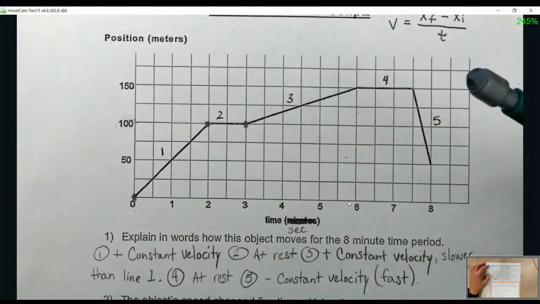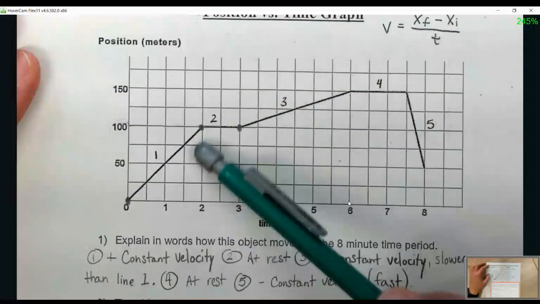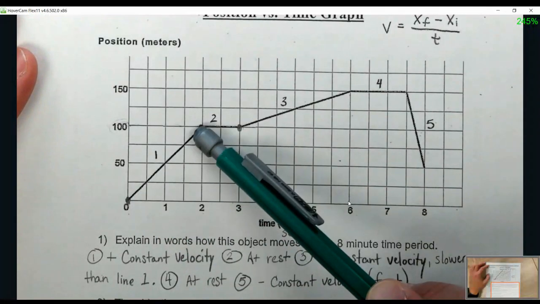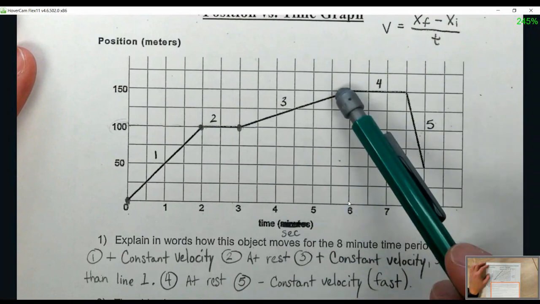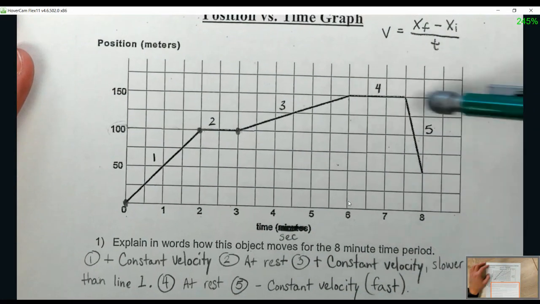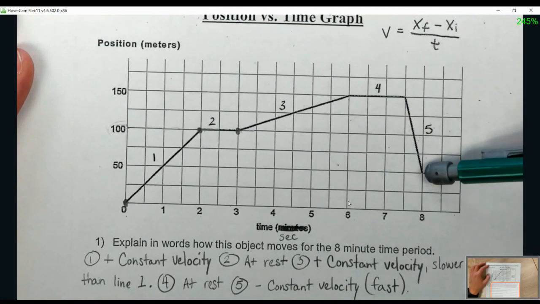So you're not moving any farther forward to the right. Like here, you're moving to the right 100 meters in 2 seconds. Now I'm not moving, I'm just sitting. I'm moving a certain distance to the right, not moving, and then I turn around and I'm moving a certain distance to the left in a certain period of time.